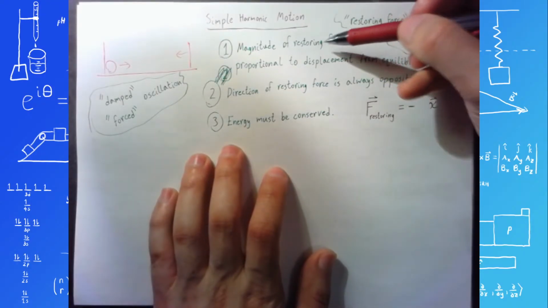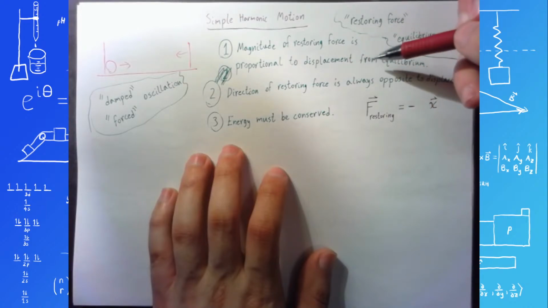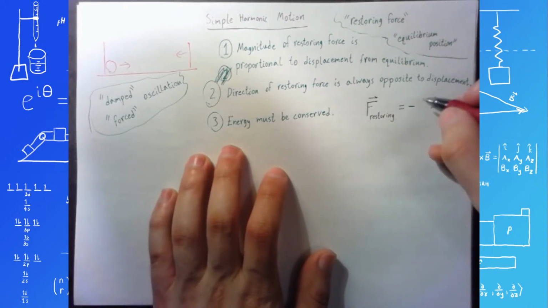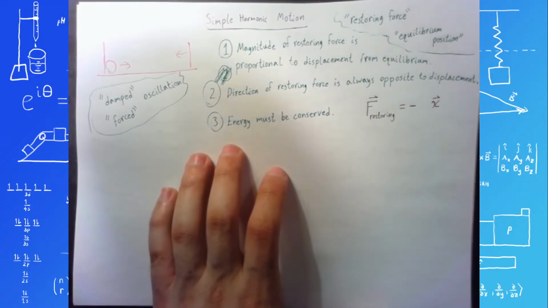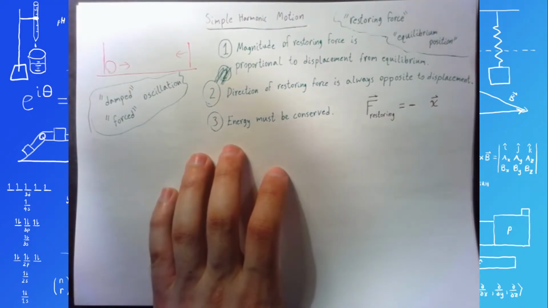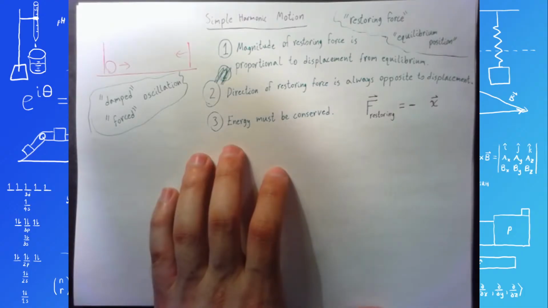And then the magnitude of the restoring force has to be proportional to the displacement. So multiply this by some constant. Let's call that constant... what can I use? Something that isn't already used for something that we've worked with a lot.